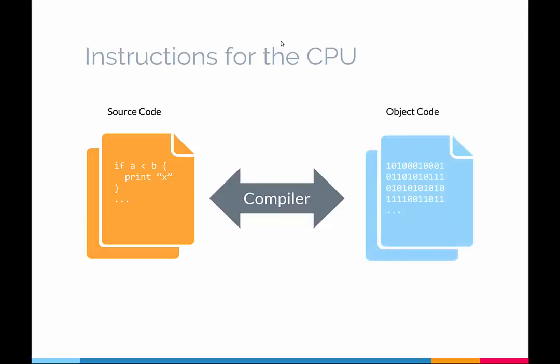If A is less than B, what's going to happen? It's going to print X, right? We can understand this. The computer can't, though. So what we have is a compiler that takes this and translates it to instructions that the computer can understand. And that's called object code. Can you read this?